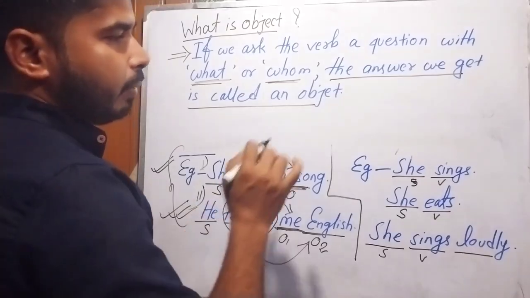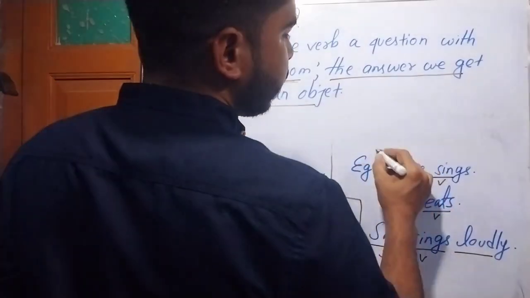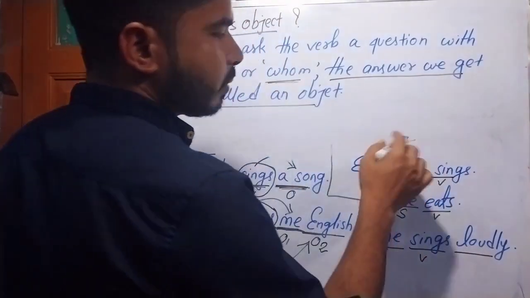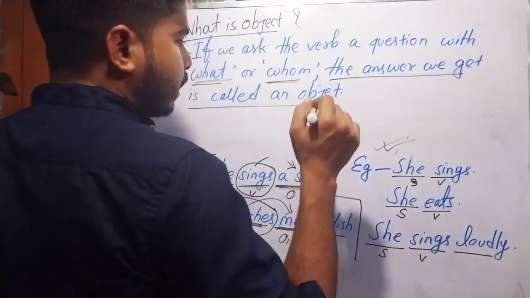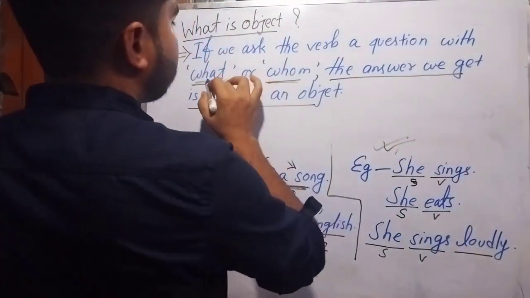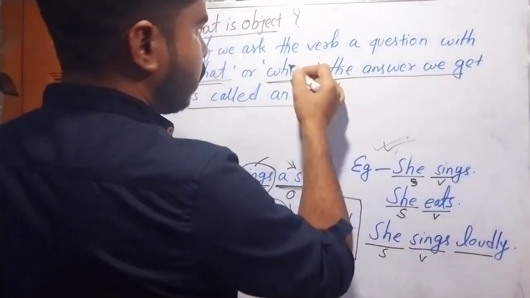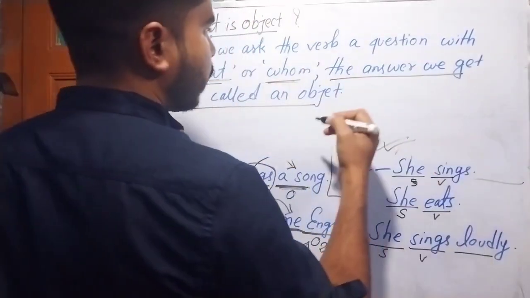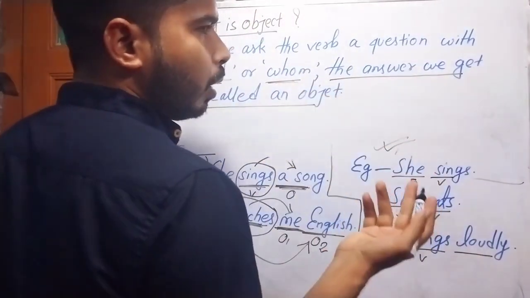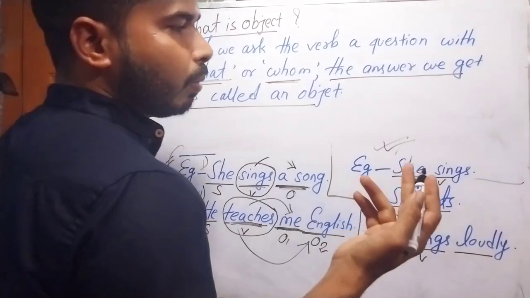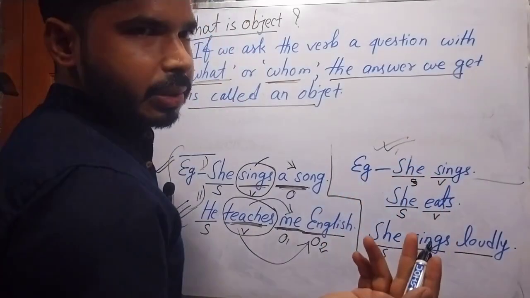Okay. But if you go to the examples of intransitive, and if you ask the verbs with what and whom, what sings, there is no answer, there is no remaining part actually. Then there is no possibility to get any object in this sentence.